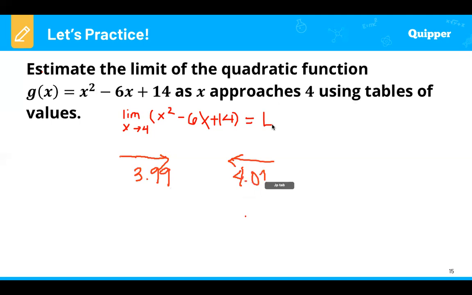Those are two numbers that are approaching 4. So we can use those two to find out the value of L.